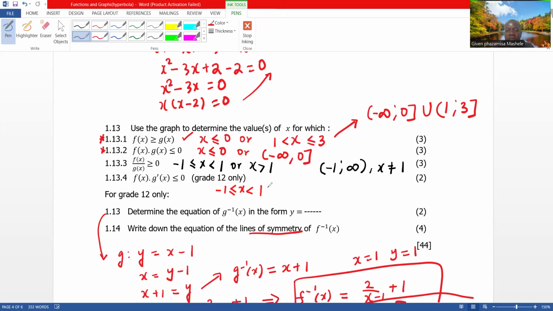We're not including 1 because the graph of f does not touch at 1. And by the way, guys, you can use another approach.